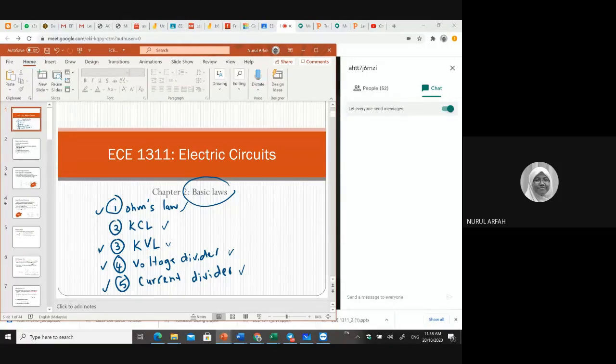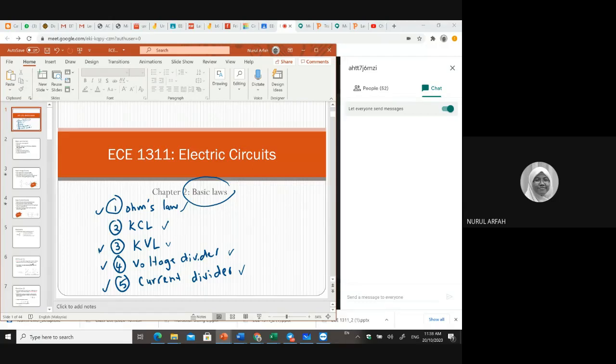You're still new to this electric circuit, right? But later on, you're going to go through chapter 3, which is the method, and also chapter 4, some other methods of analysis. You're going to have several methods to solve the circuits.